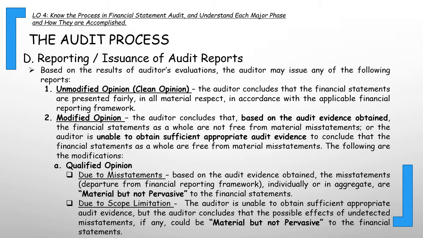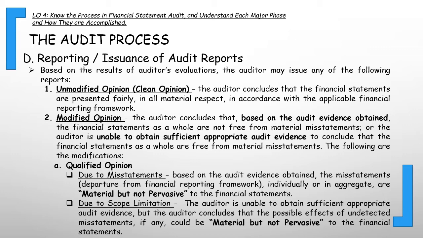Yung scope limitations naman, may be limitations imposed by the management. Example, management prevented the auditor from requesting external confirmation. So, limitations yan imposed by the management. Or circumstances beyond the control of the client.